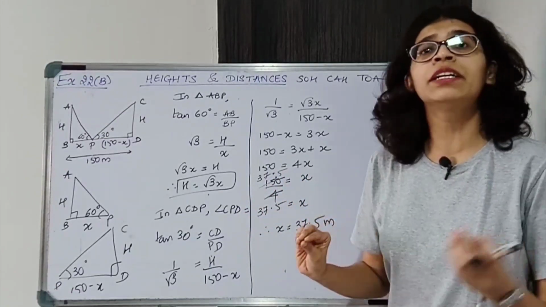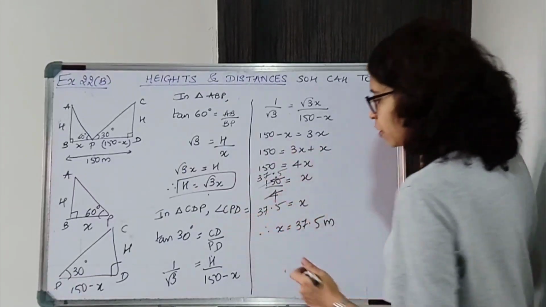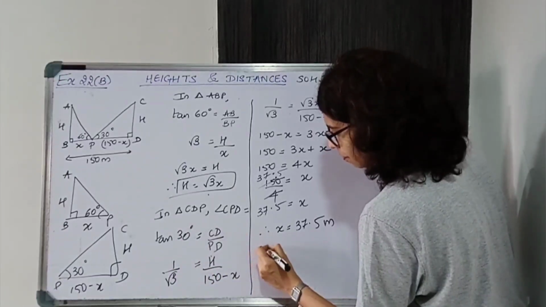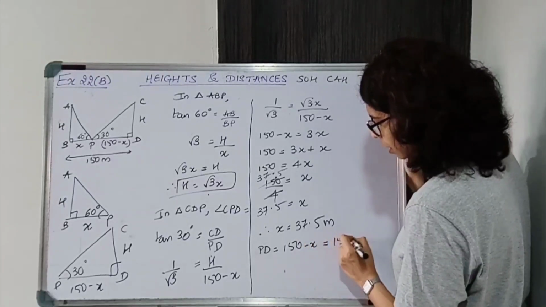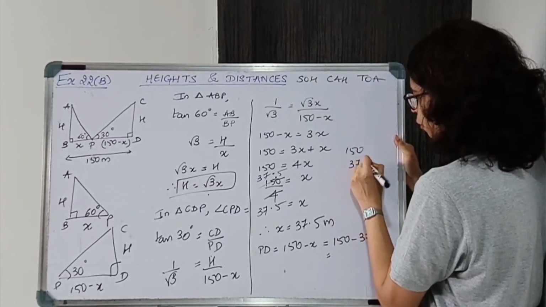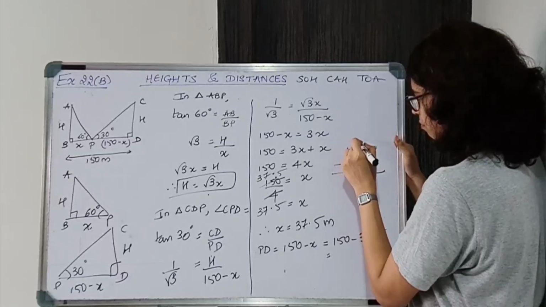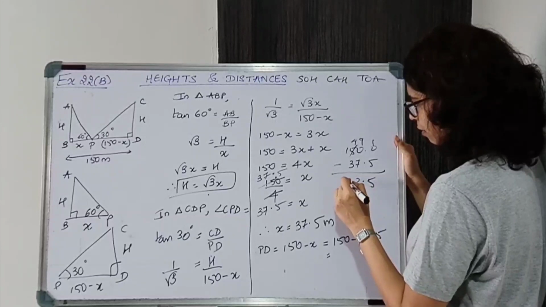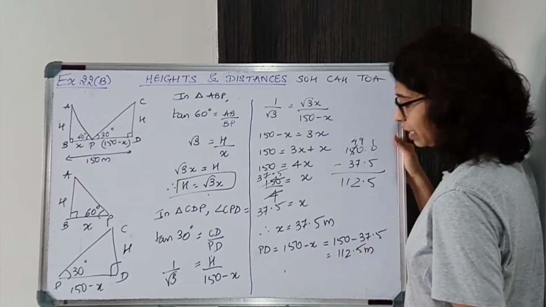It is not asked, but it would be better that you find the distance of the point from both the pillars. So PD is equal to 150 minus x, which is equal to 150 minus 37.5, so this will give 112.5 meters.